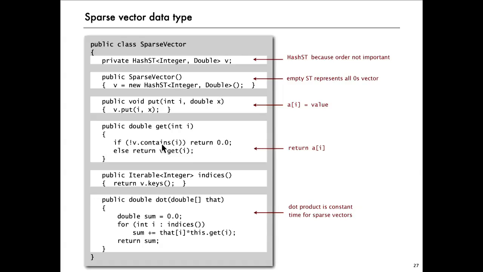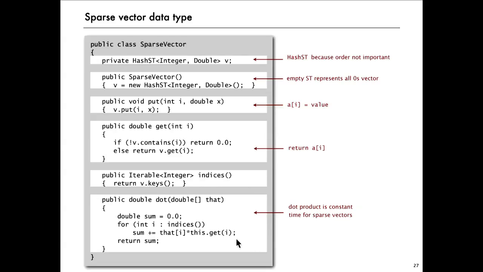And get returns 0 if the index key is not in the symbol table, since the whole point was that we don't represent zeros. Otherwise, it returns the value associated with the index. And the iterable just returns all the keys to iterate.